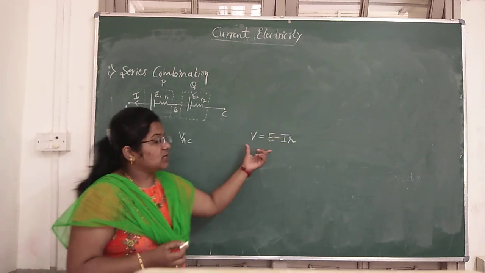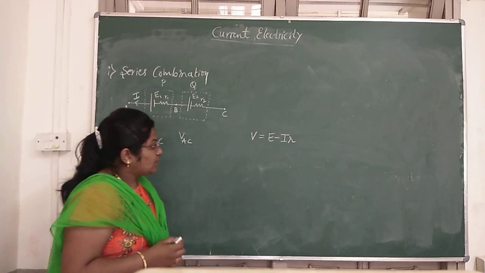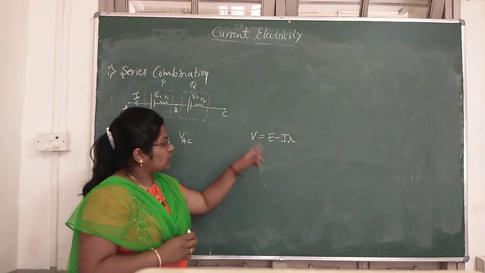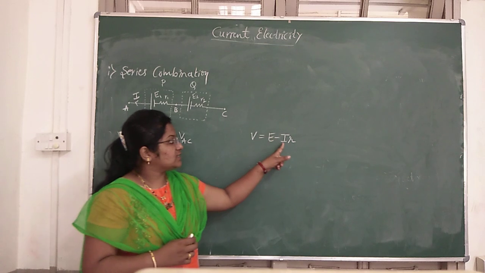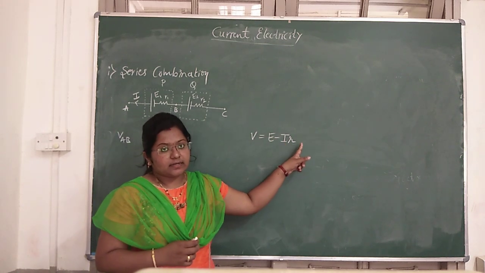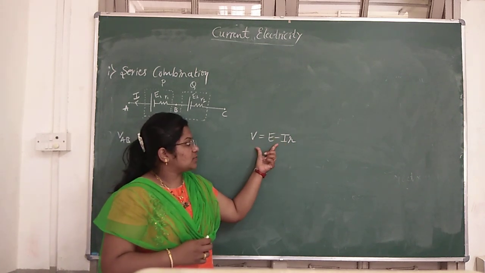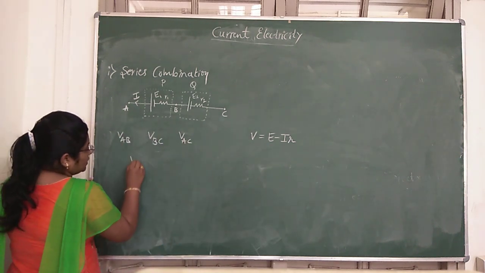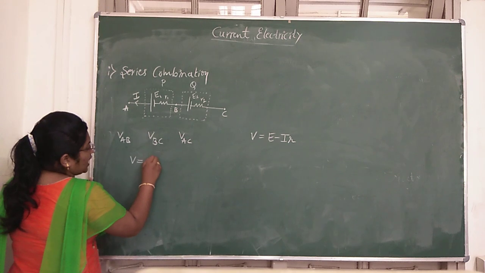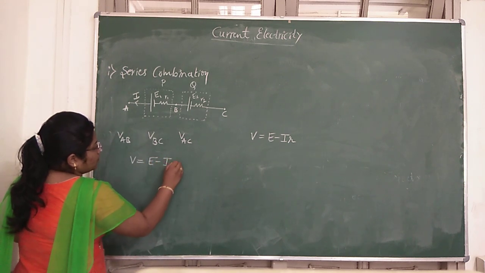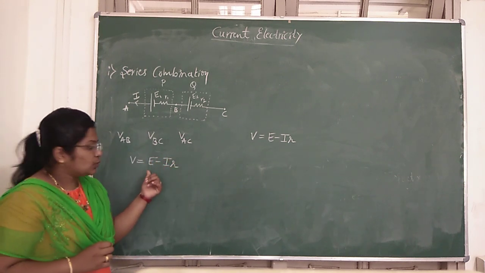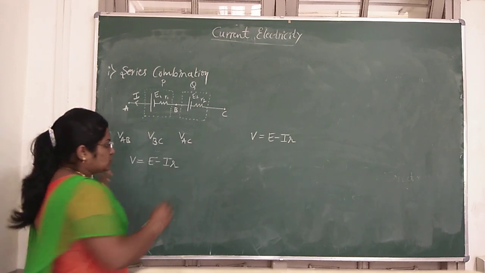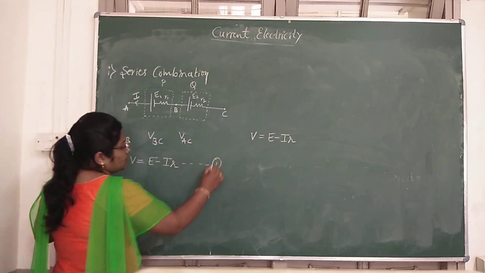So this was the relation between EMF E and terminal potential difference V, where I is the current and R is the internal resistance. So this expression we are going to use. By the relation between terminal potential difference and EMF, we have V is equal to E minus IR. Call this equation number 1.